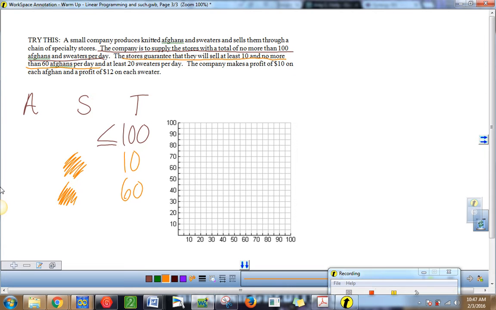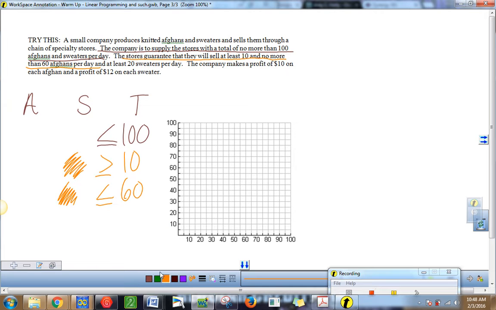They've got to be more than 10, which means what symbol is going to go here? This side has to be bigger than 10. 10 has to be the smallest thing, and 60 has to be less than. They have to be less than 60. Those are going to be your vertical and horizontal lines when you're only dealing with one thing.